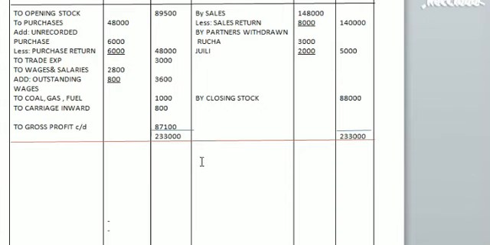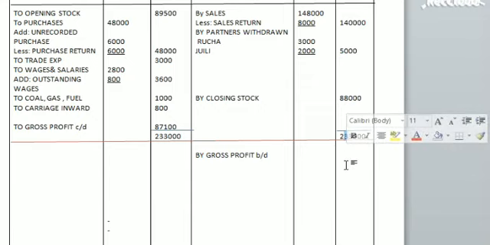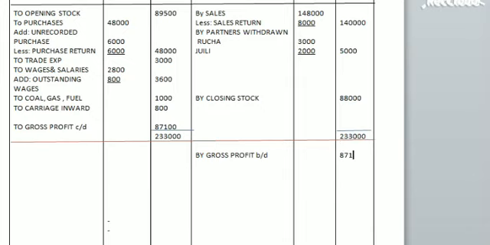Now this we are going to bring in the profit and loss account credit side. So here we are going to write, profit and loss account credit side, By Gross Profit brought down, and the amount will come in the outer column here, 87,100.